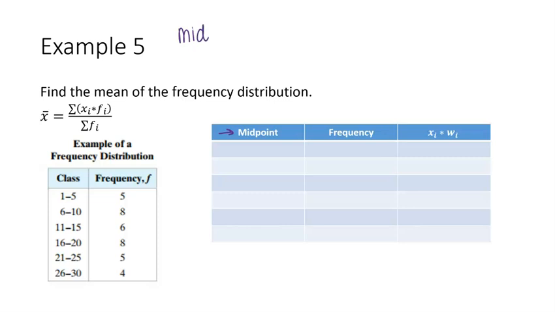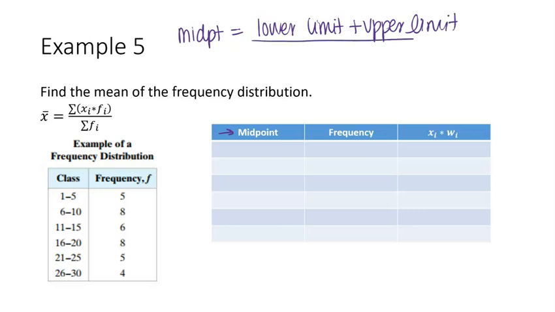So remember, the midpoint can be found by taking my lower limit plus my upper limit and dividing by 2. So for the first class, that's 1 plus 5 divided by 2. Well, 1 plus 5 is 6. When I divide by 2, it gives me a class midpoint for my first class of 3.